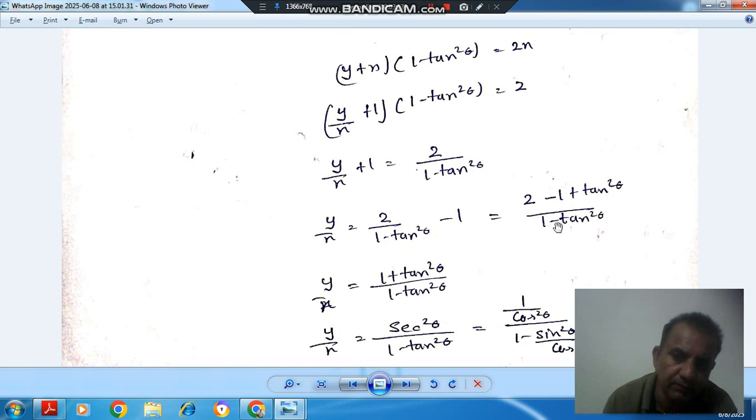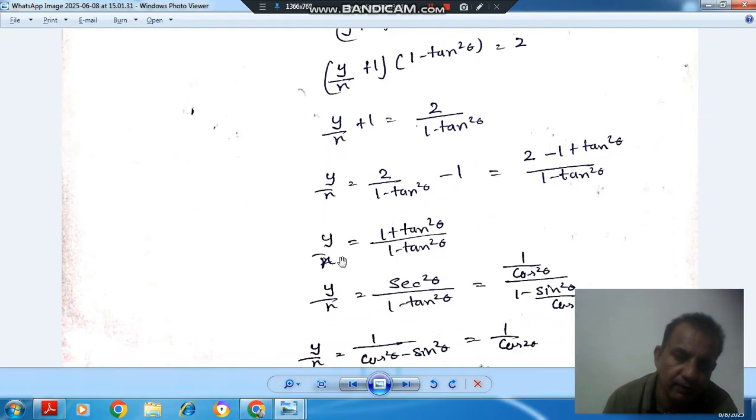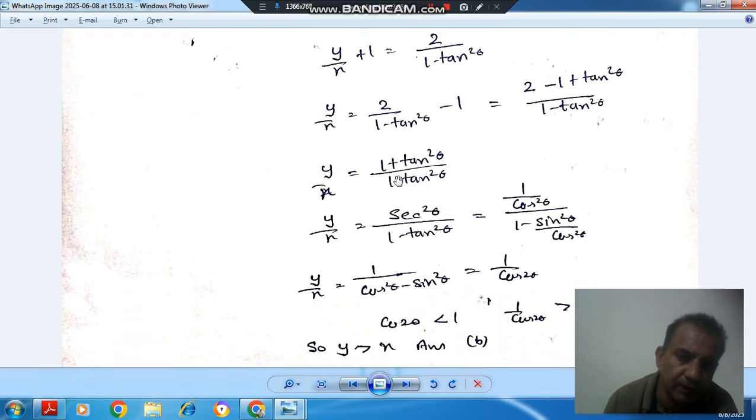If we take LCM, it will be 1 minus tan square θ, and 2 minus 1 plus tan square θ. Or we can say y by x is 1 plus tan square θ divided by 1 minus tan square θ, and 1 plus tan square θ is sec square θ, or we can say it is 1 by cos square θ, and tan θ is sin θ by cos θ. So from this we have y by x is equal to 1 by cos square θ minus sin square θ, or we can say it is 1 by cos θ.